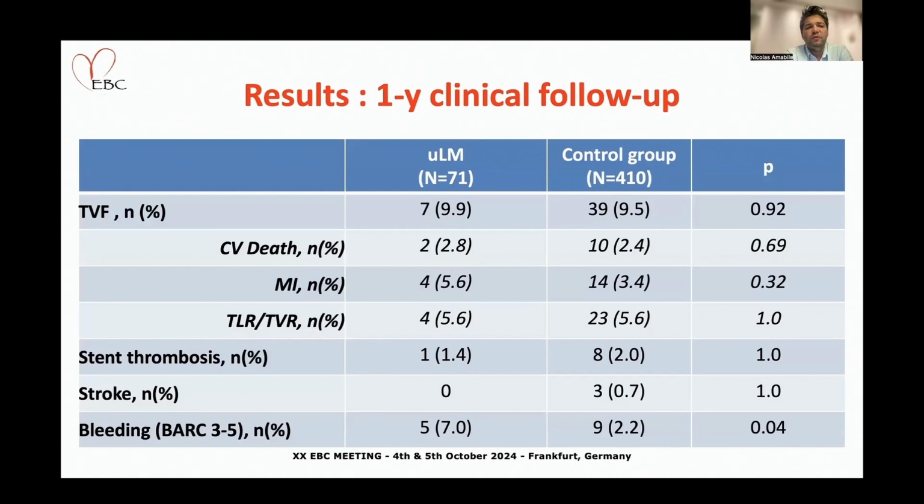There was no difference for the TVF as the composite endpoint, and there was no difference in terms of individual endpoints. As you can see here, we were just surprised to observe that there was a higher incidence of significant bleeding events in patients with unprotected left main compared to patients from the control group.